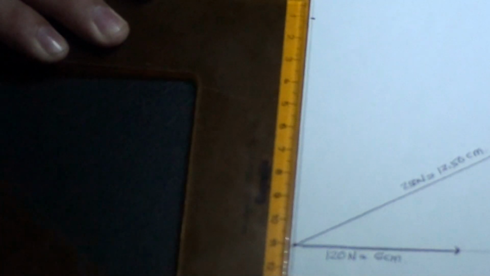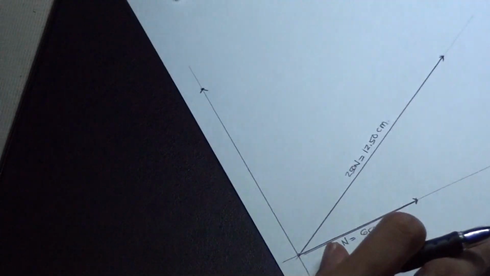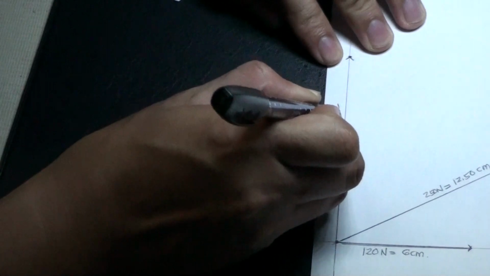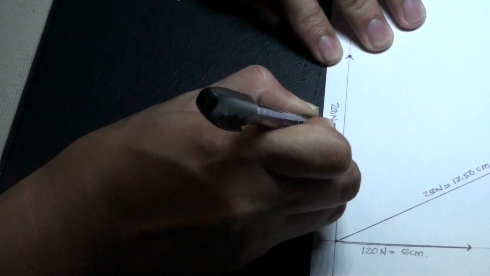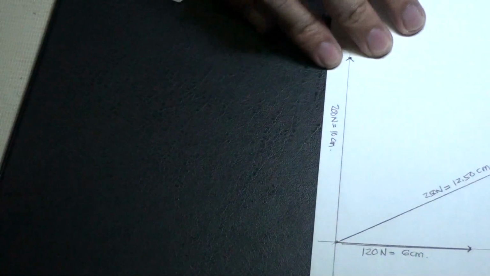Then mark it at 1. Okay, so that's the vector. That is the 200 Newton, which is equivalent to 10 centimeters.